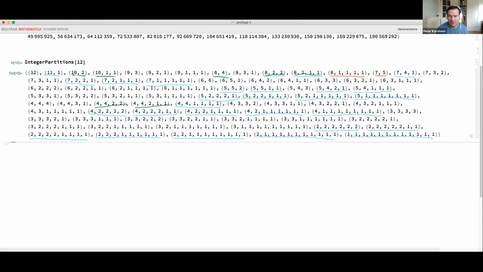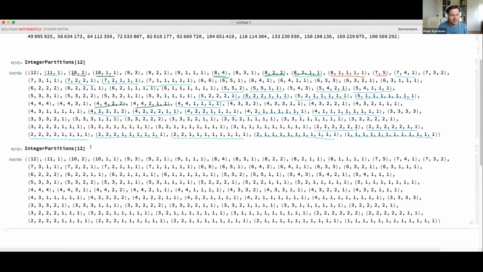These are those that have been highlighted. In order to avoid overcrowding, I'm just going to copy it. And now let's highlight partitions by the second property, which are not repeated 3 times or more.